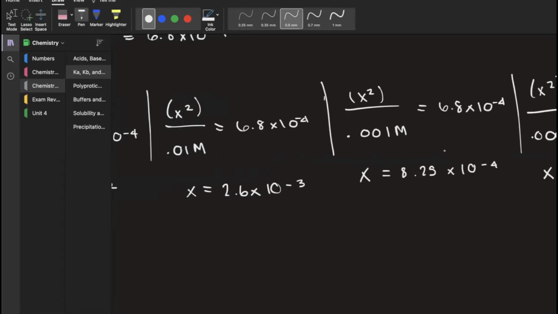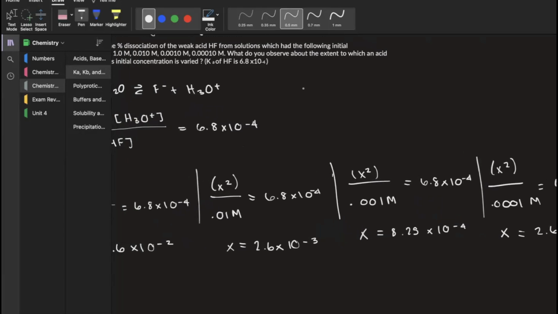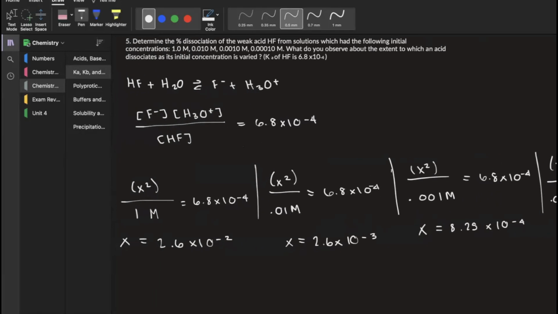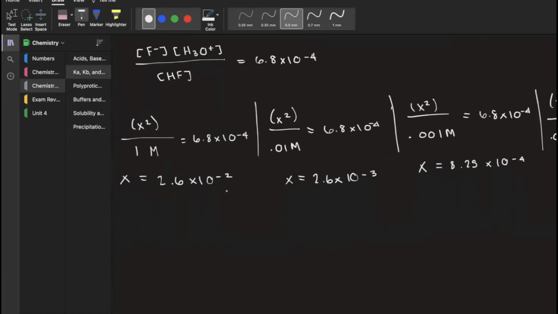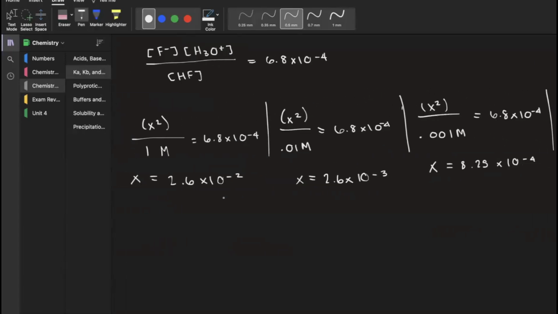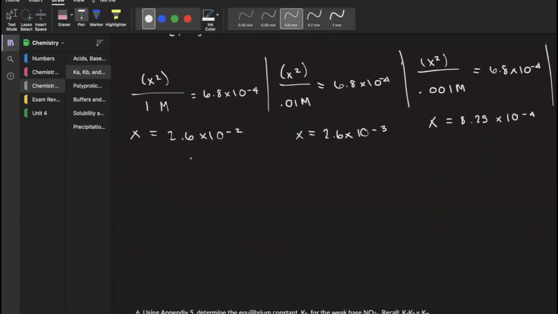Now, we are not done because what it asks is finding the percent dissociation. What we've found so far is the concentration of F minus and also the concentration of H3O plus for each of these situations. To find the percent dissociation, recall that we're going to divide our concentration by the total in the solution already.